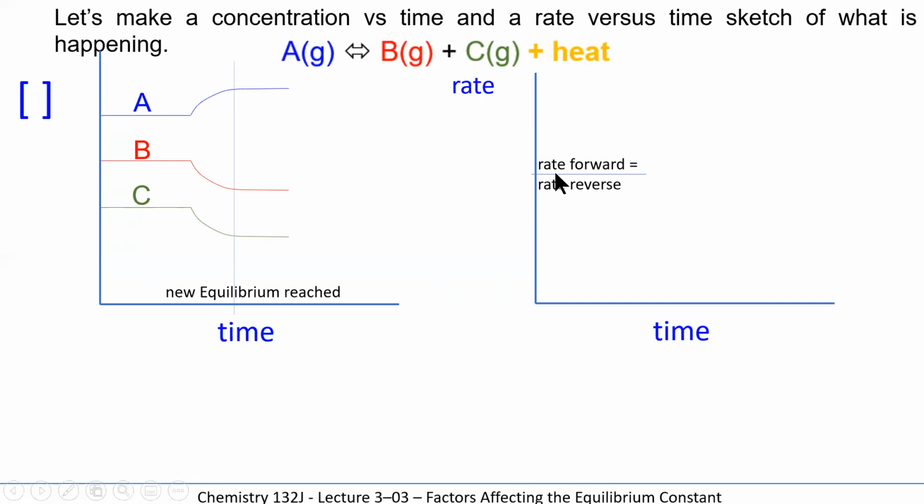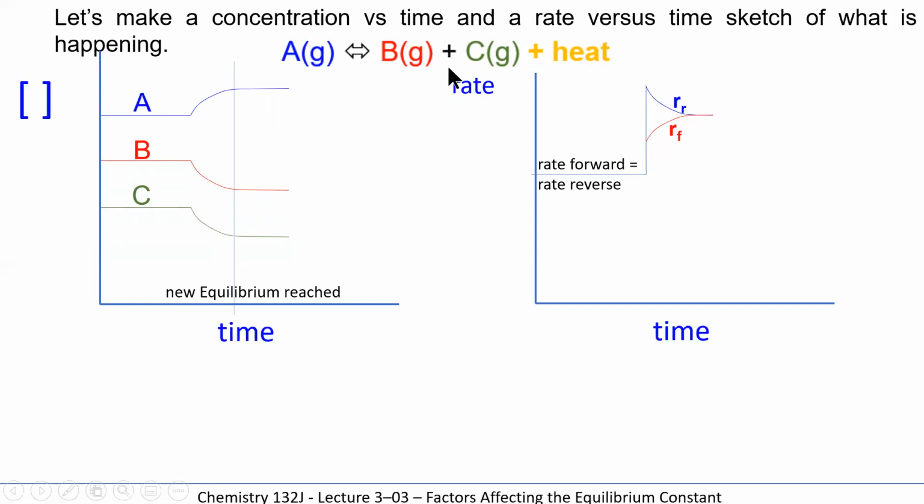In terms of rates, the two rates were equal at equilibrium. However, when we stress the system by adding heat, all of a sudden there was an increase in the reverse rate because it shifted to get rid of the heat.